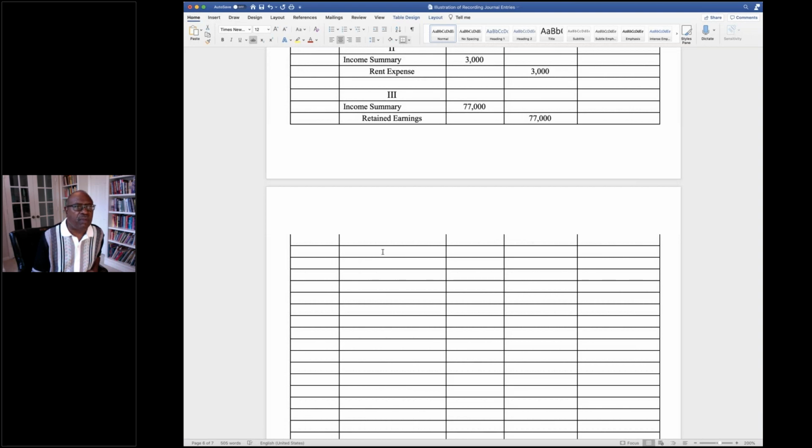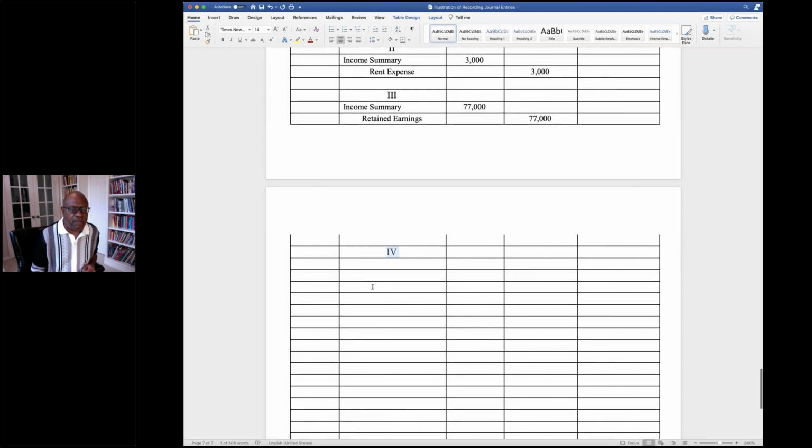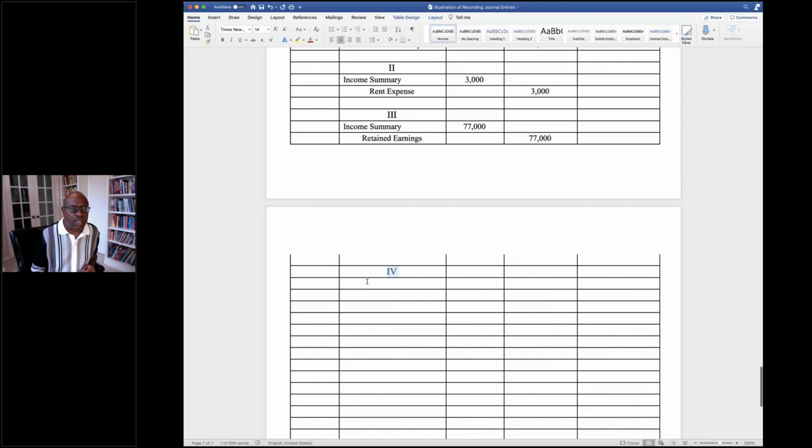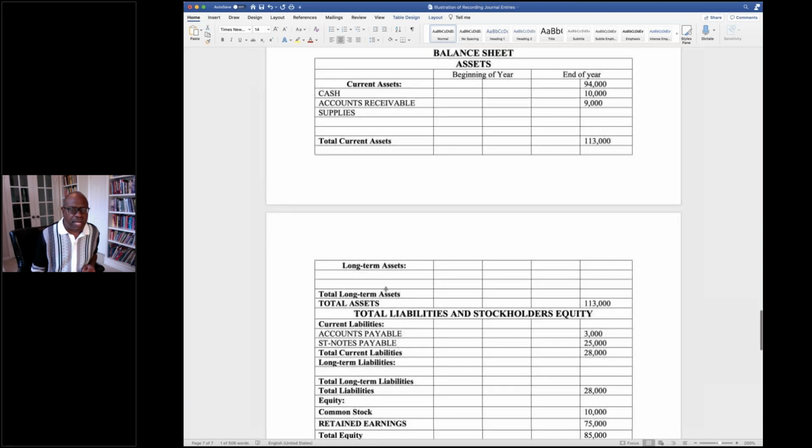Closing entry number 4. And this is the closing out of the dividends. So it goes to the trial balance.